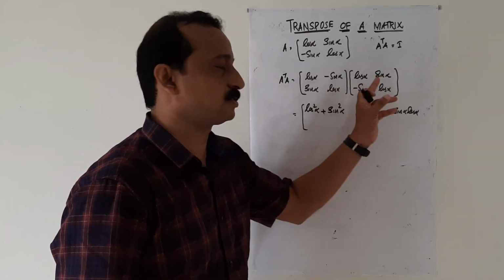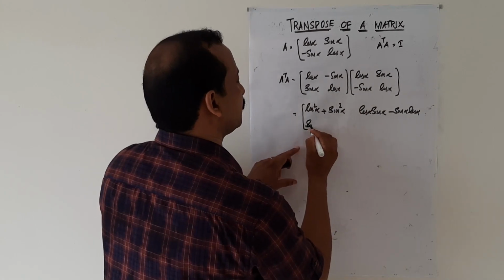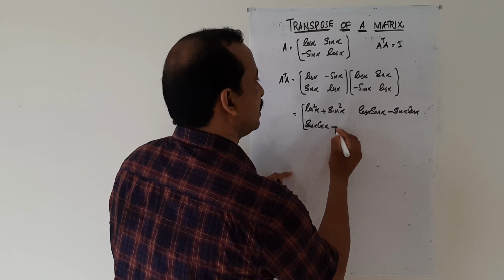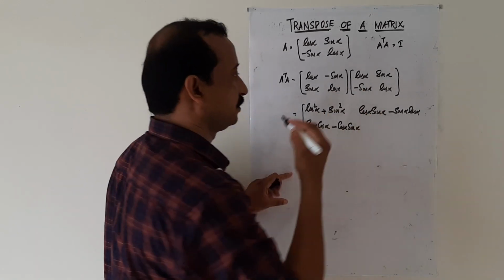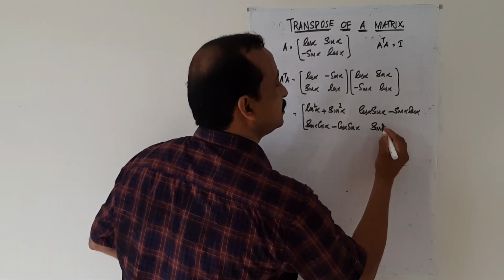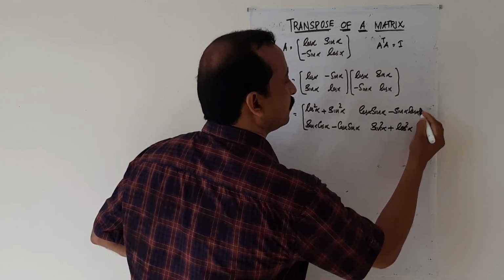Now the second row, first column: sin alpha into cos alpha, minus cos alpha into sin alpha. Then last row, last column: sin square alpha plus cos square alpha.